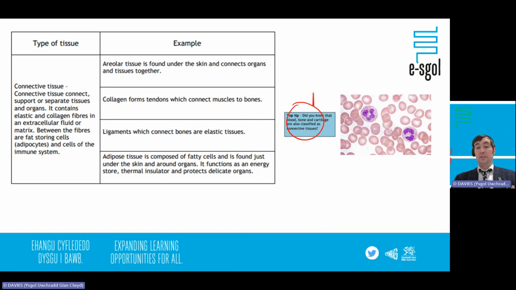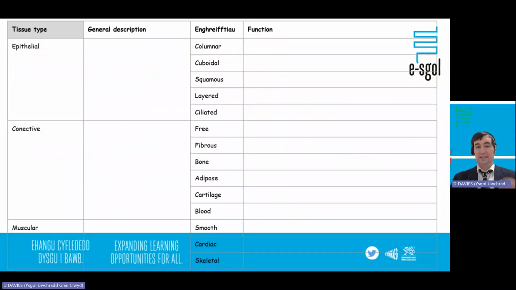So again, there's lots of information here. A sensible thing to do is to summarize it all into one table. The different types of tissues: you need a definition of what tissue is, you need to know what epithelial tissue is, so a general description, and then you need to know the jobs that these do. Same for connective and same for muscular.